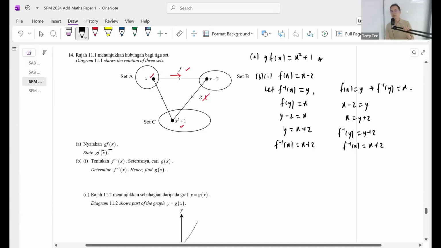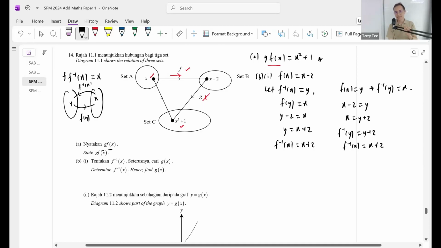Okay, next, how do you find GX? Well, if you want to find GX from this GF, you have to use this idea: if you put F and F inverse together, you will get X, because F inverse simply means I'm going backwards, then FX means I'm going forward. Where do you end up?